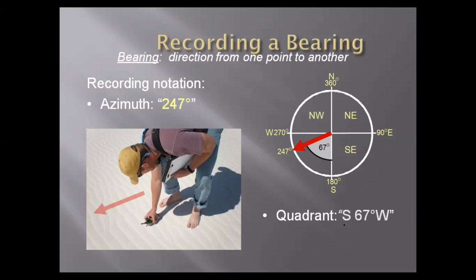You can see that we can also say that it is south 67 degrees west. We can do it both ways. If we do it with the north, we call it azimuth, and if we do it with reference to the quadrant system, we call it the quadrant bearing.